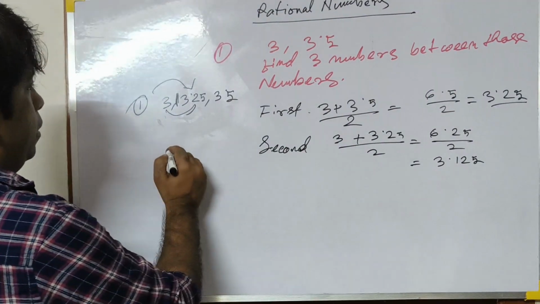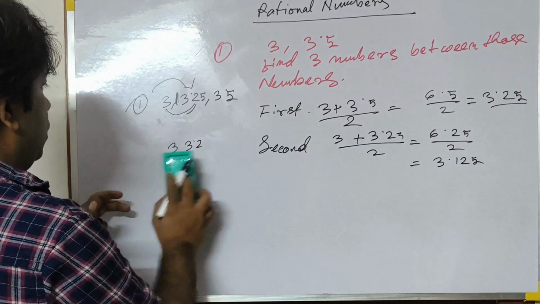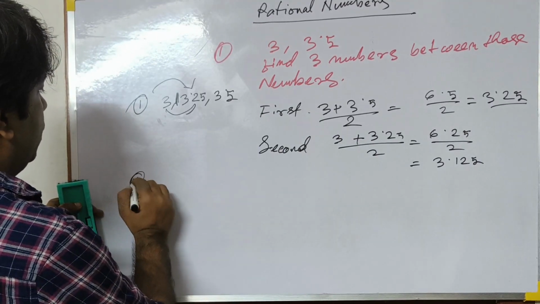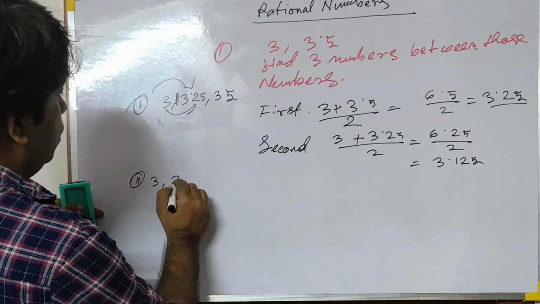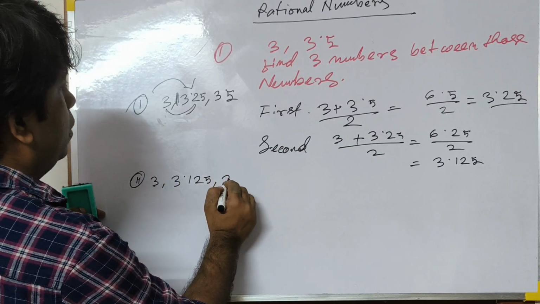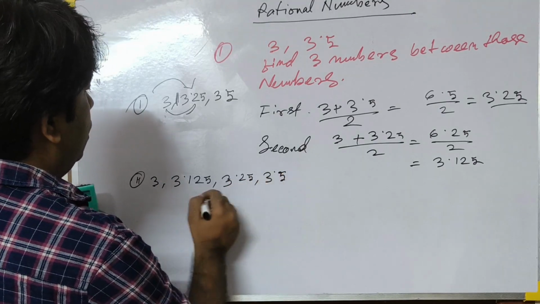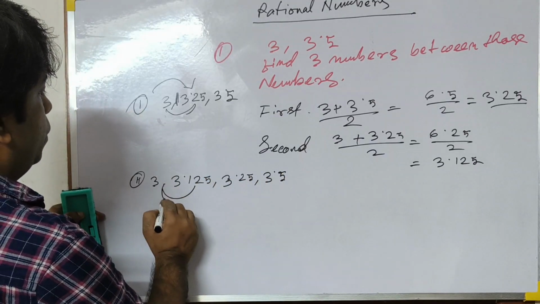So we can write 3, 3.125, 3.25, 3.5. The second number is 3.125. Now we will find the middle number of these two numbers.